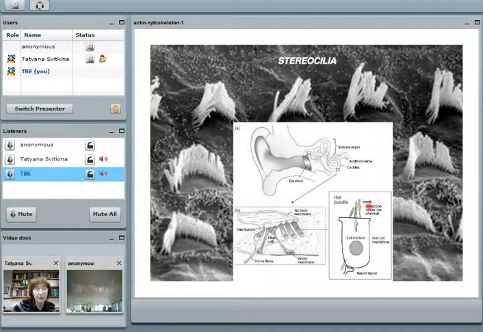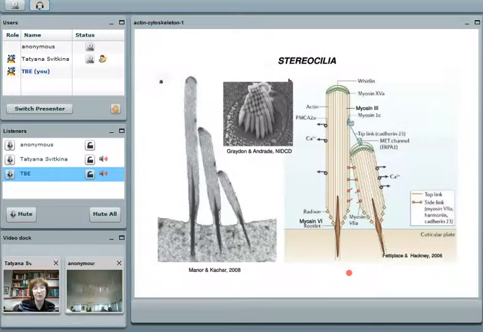So pretty much when stereocilia vibrate, these epithelial cells begin signaling which lands on the neuron. This is how we hear sound.